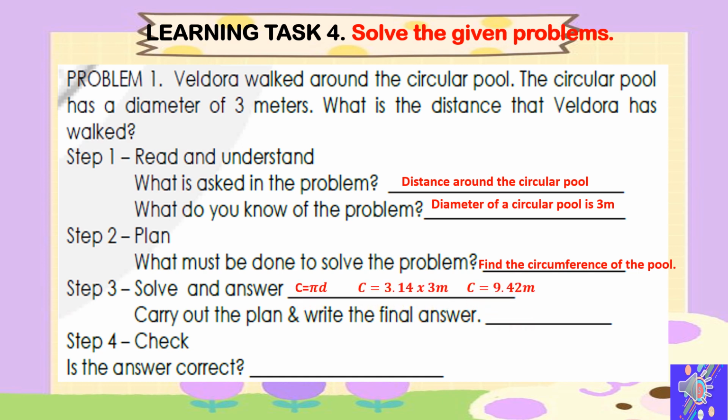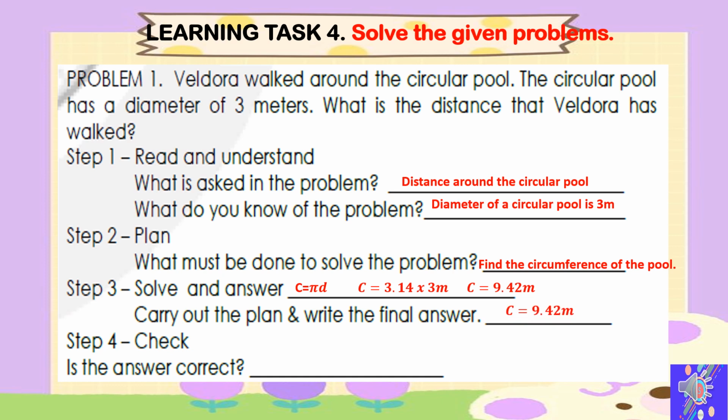Let us now solve. So we have to use the formula C is equals to pi D. So that means C is equals to pi, ang pi natin is 3.14 times 3 meters. So the answer will be C, or circumference, is 9.42 meters.